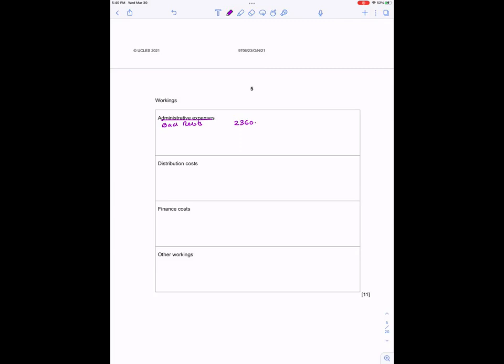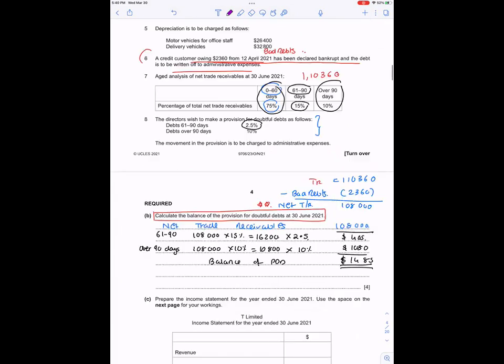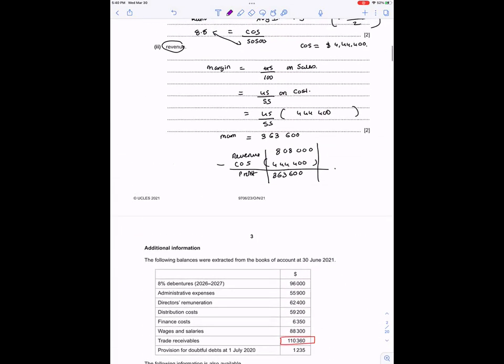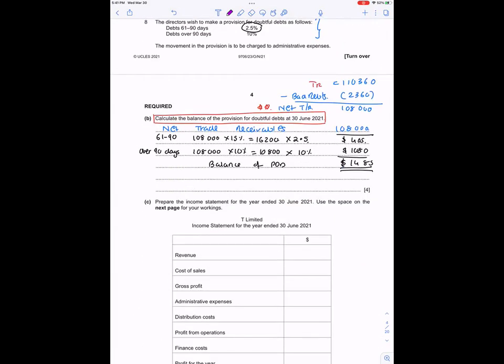Let's move to making the income statement. We had calculated our revenue. How much was the revenue? 808,000. Yes. How much was our cost of sales? 444,400. So that I will write. What is my revenue? 808,000.